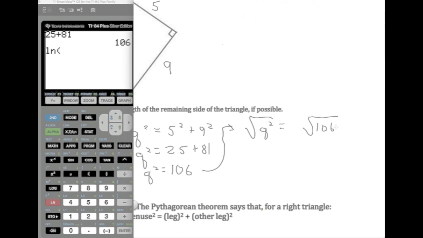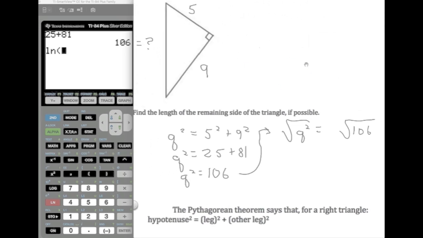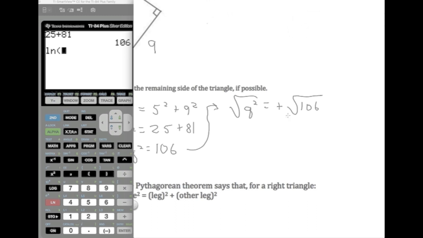Now you should keep in mind that every number has two square roots. For example, one of the square roots of 9 is 3, and the other one is -3. Well, which square root do we want to take here? Well, lengths are always positive, so I want to take the positive square root of 106.